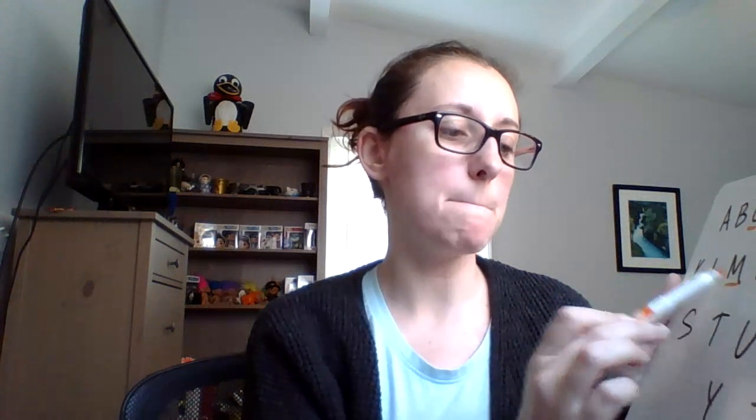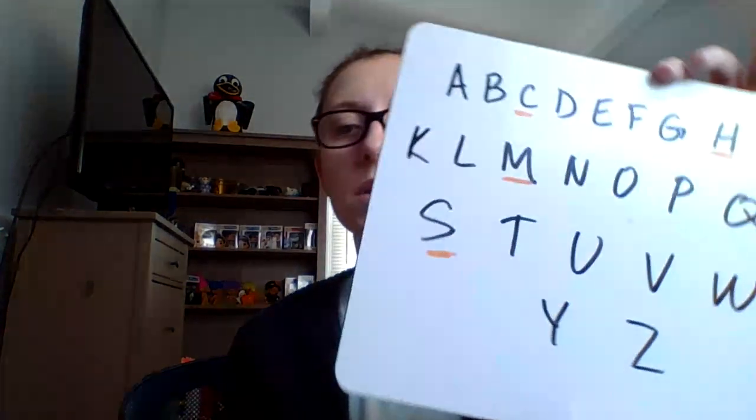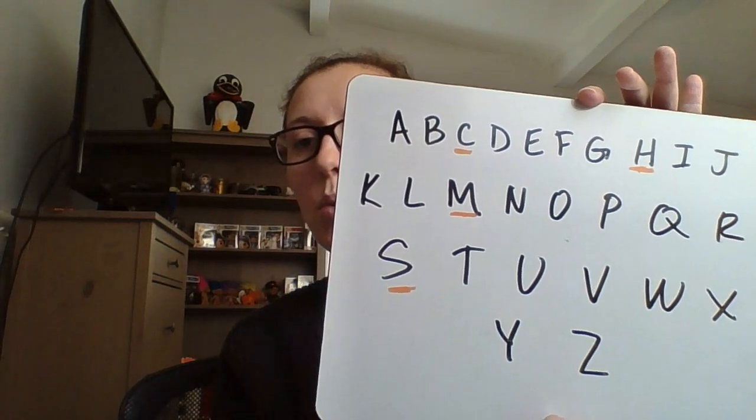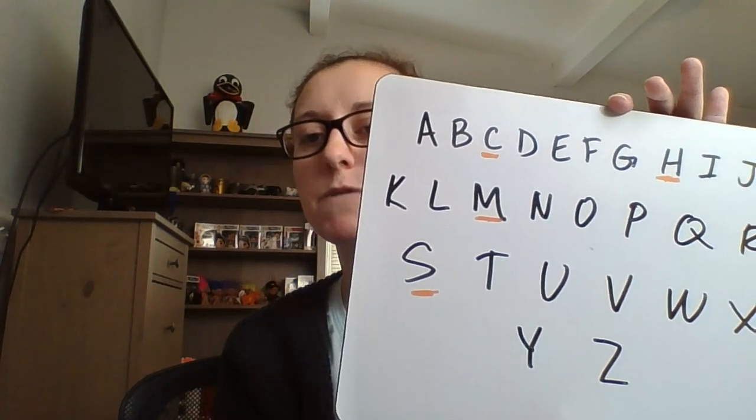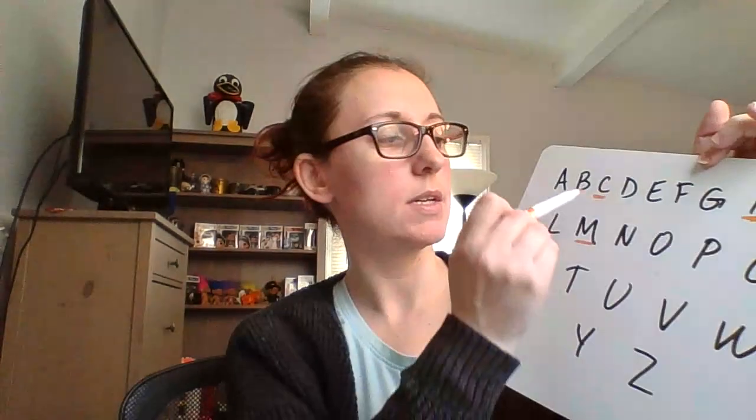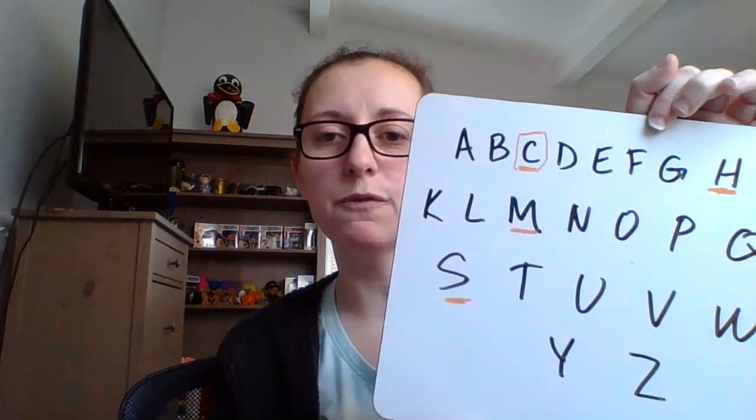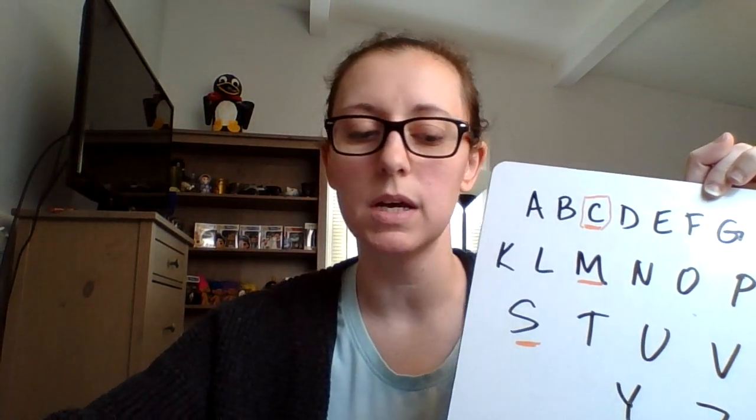The letters that they have given us are C, H, M, S. If I'm looking at my alphabet, I want to see which of those letters comes first, and I see that it's C. So I'm going to find the word that starts with a C, and that word is cop.